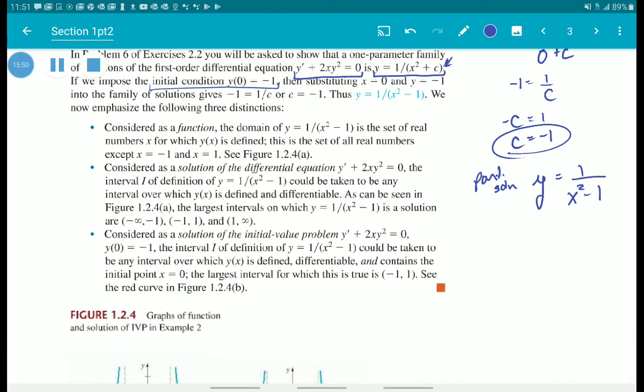So if we were to think about this guy as a function and think about what the domain would be for that particular solution, the domain would be everything except 1 and -1. And that comes from setting that denominator equal to 0. So we know x can't be 1 or -1. I'm going to write this in interval notation.